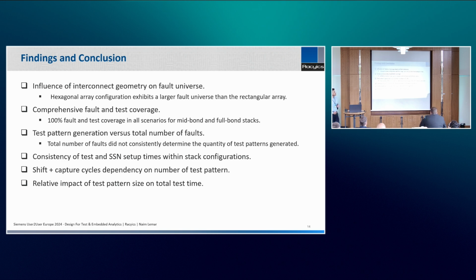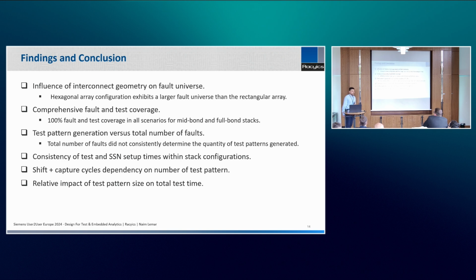The second thing is that we tested and achieved 100% fault and test coverage in all test scenarios. And regarding the test pattern generation, which we cannot predict, the ATPG tool, the total number of faults does not consistently determine the quantity of the test patterns.